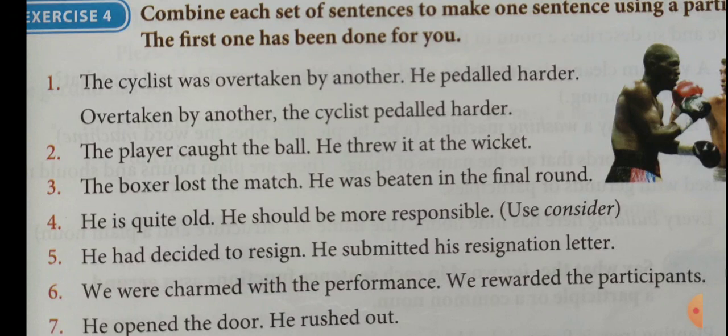Second sentence: the player caught the ball. He threw it at the wicket. So there are two sentences, and each sentence has a subject. The first sentence, the player, the second, he. But both subjects are not different but are one.